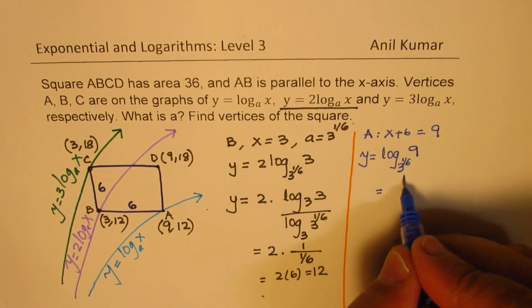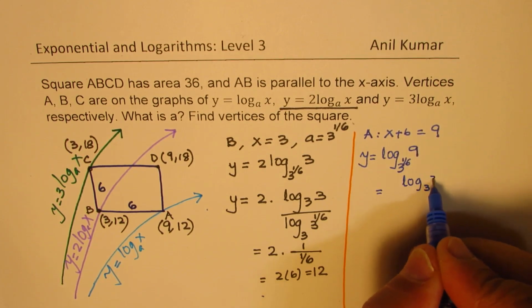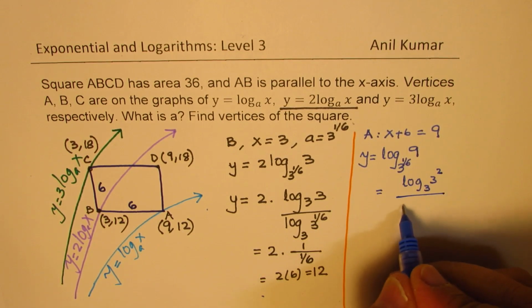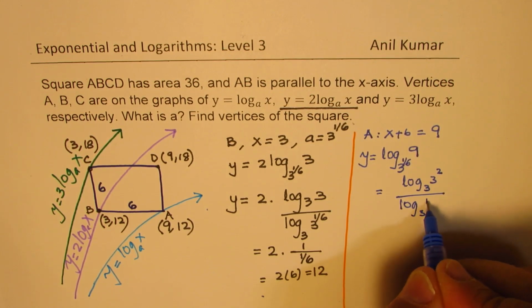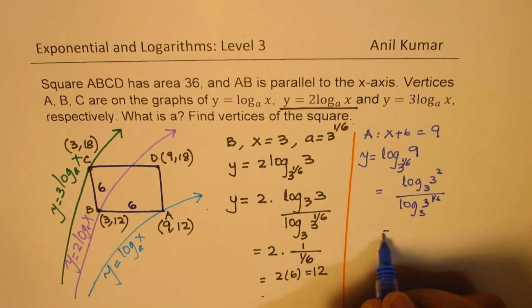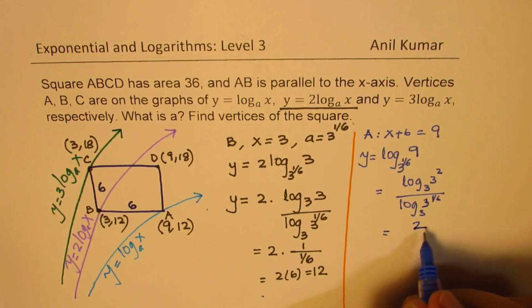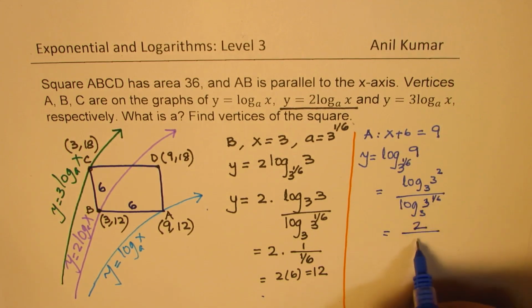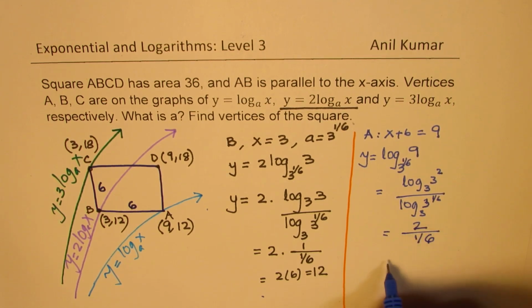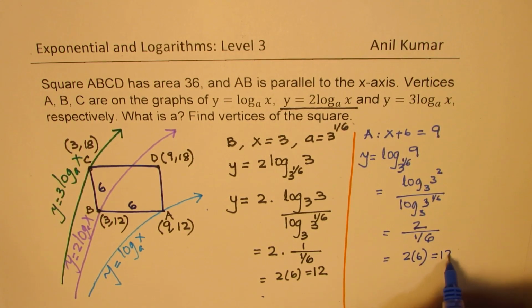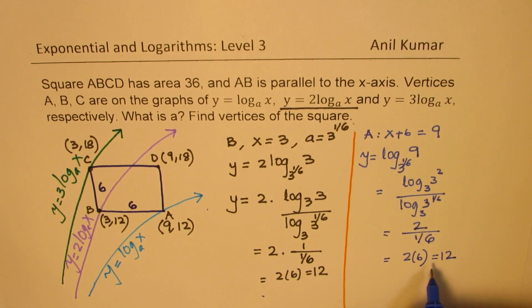You can again apply change of base just for practice, right? 3 squared is 9, and here we get log to the base 3 of 3 to the power of 1 over 6. So that gives you 2 over 1 over 6, and that is equal to 2 times 6, which is equal to 12. And so you get the same y value. Does it make sense to you? Right. So therefore the coordinates of A will be 9, 12, as we had seen here.